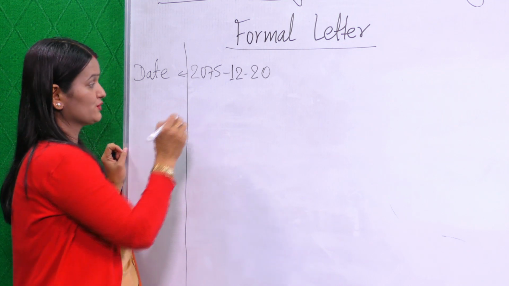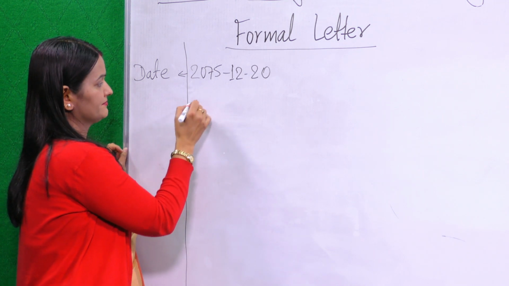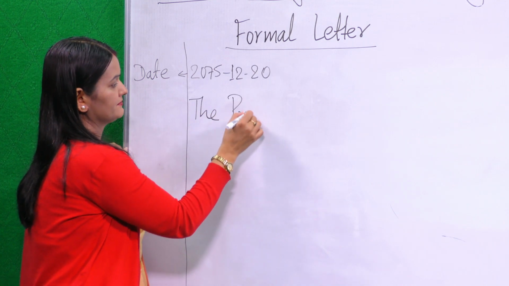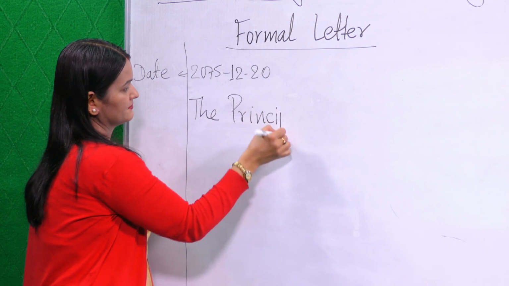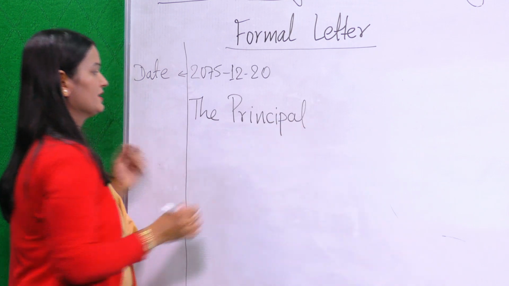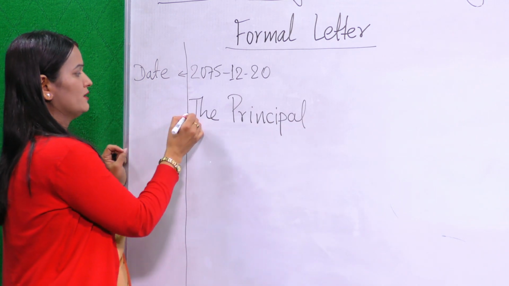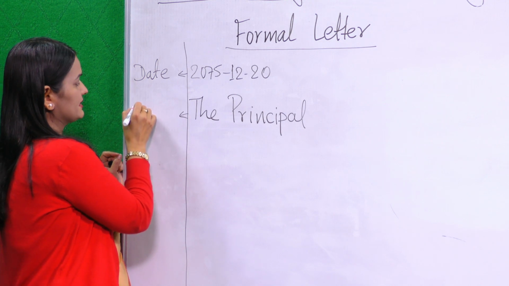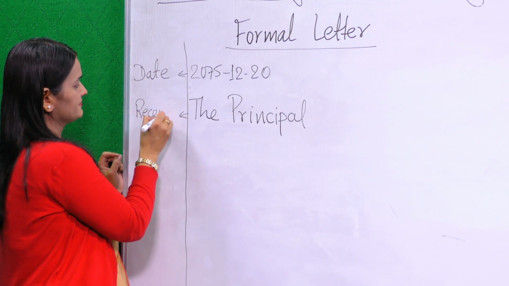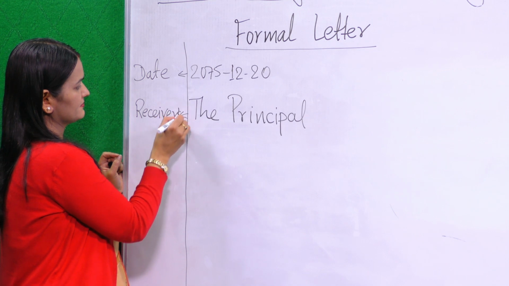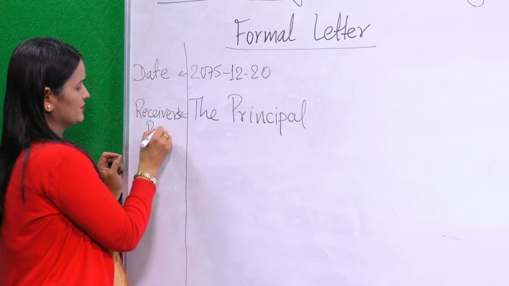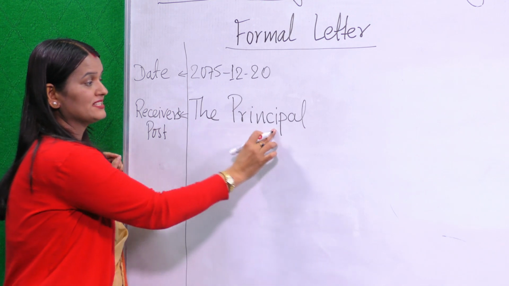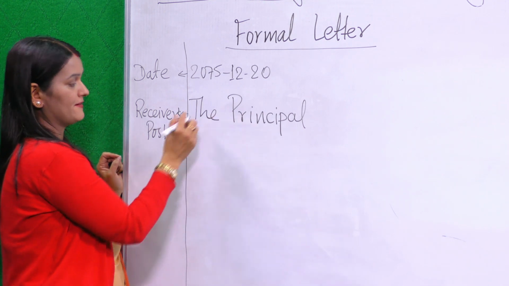You are writing to your head teacher, the principal. You will write the post of the person to whom you are writing the letter. So, the receiver's post you will write. Then after that, the organization's name.